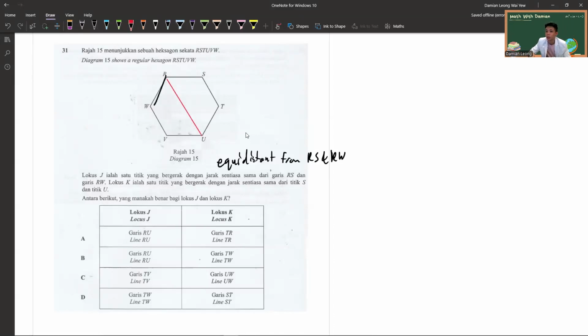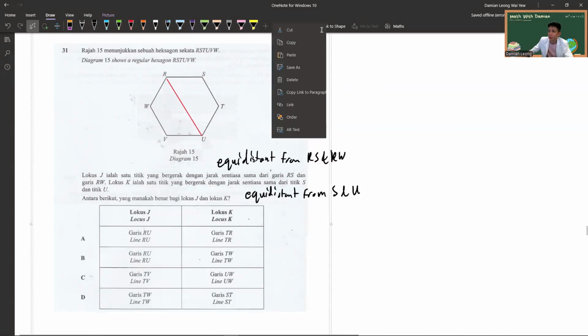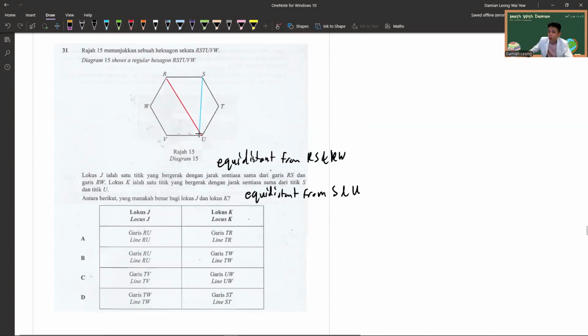Locus K, moving point such that distance is always same from point S and point U. So also equidistant, this time from point S and point U, from 2 points. Equidistant from 2 points would be perpendicular bisector. Okay, so SU like that, perpendicular bisector of the line SU would be TW.